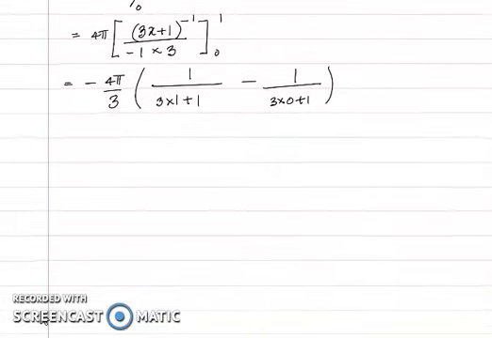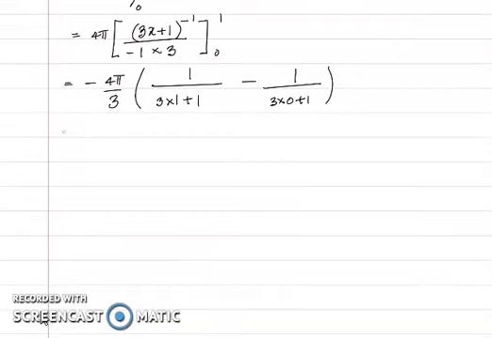So continuing, we're going to get minus 4 pi over 3. Inside the bracket, I have 1 over 4 minus 1. If I take away 1 from a quarter, I'm going to get minus 3/4.